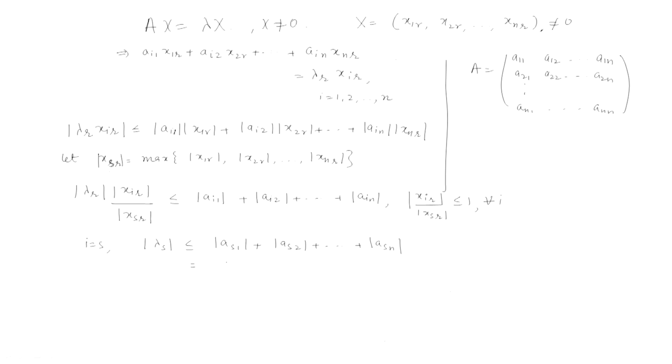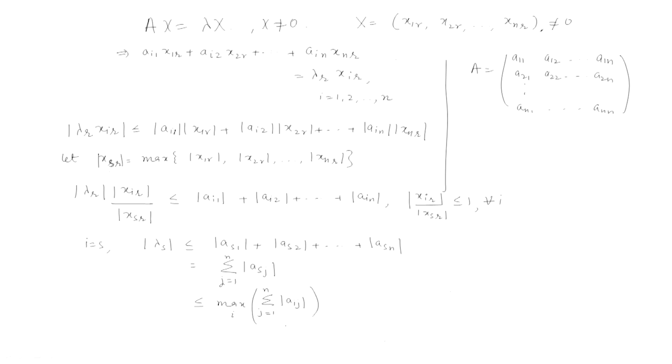So, this equals the summation of j varying from 1 to n of mod of asj. Now, this is less than or equal to the maximum over i of the sum of j from 1 to n of mod of aij. So, what does it mean?